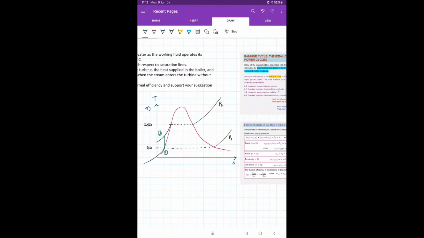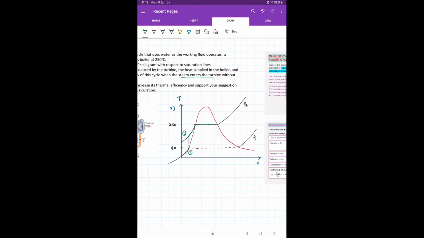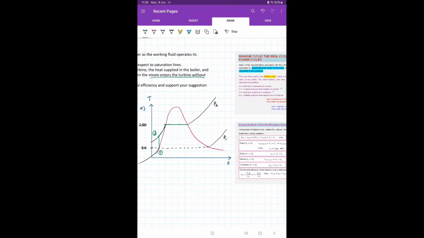Then from 2 going to 3, you have constant pressure heat addition in a boiler, along the line of constant pressure. The steam enters the turbine without any superheating, so the highest it can be is the saturated vapor point, which is point 3.